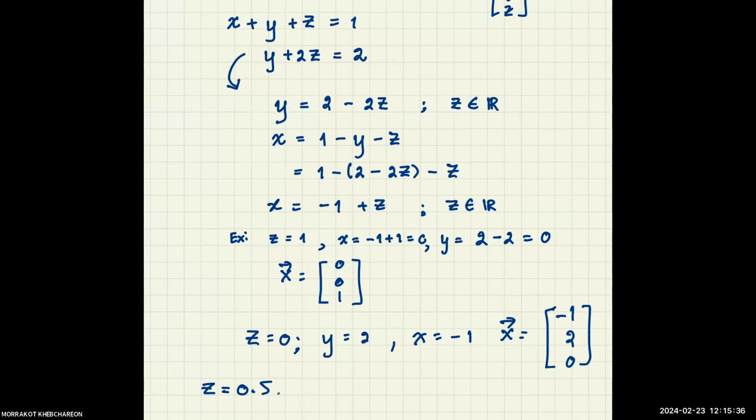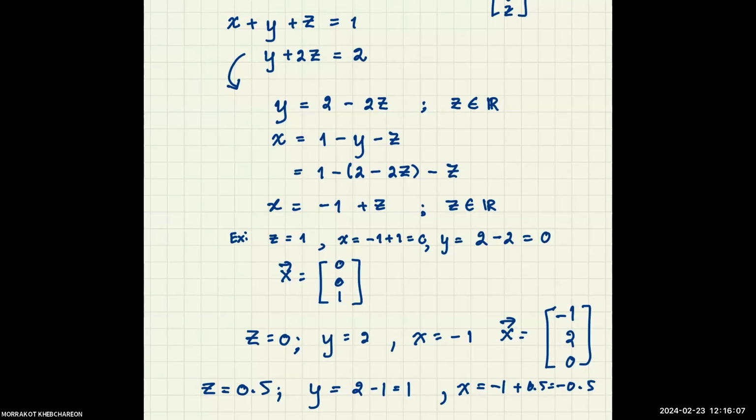And you will get y equal to 2 minus 1, which is 1, and x is minus 1 plus 0.5, which is minus 0.5. So you have different numbers depending on the value of z.